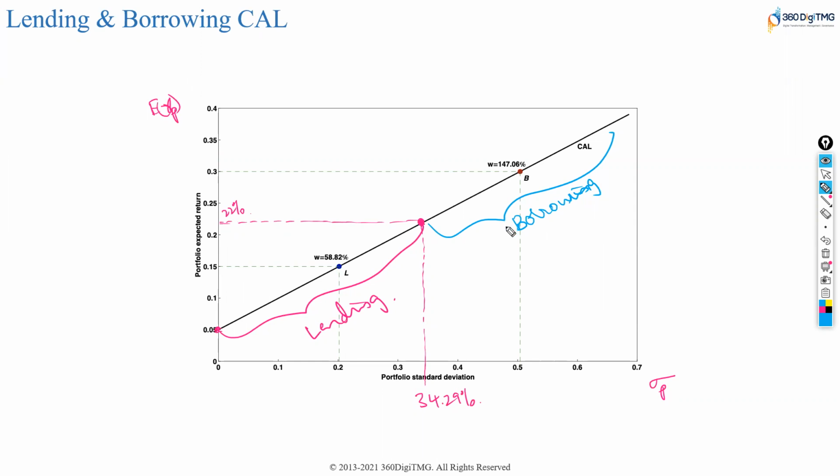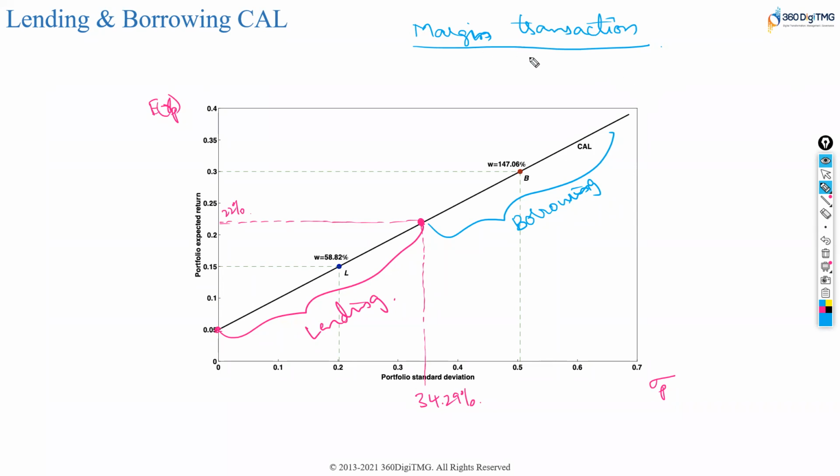And then investing in the market with the borrowed money, you borrow the money and invest, it is called a margin transaction. Margin transaction means you are investing with borrowed money.